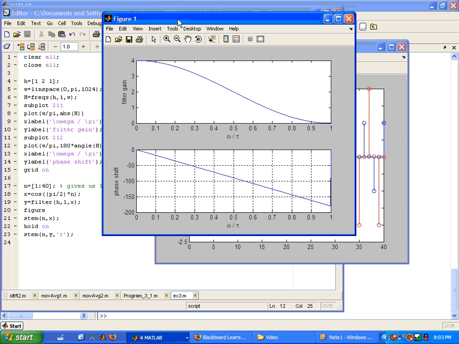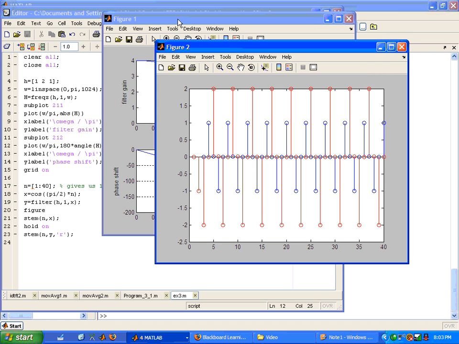So at the frequency of interest, we expect a phase shift of, it looks like 90 degrees. Okay, perfect. 90 degrees is a quarter of one full phase. So if we look at this, that actually works out perfectly, right?